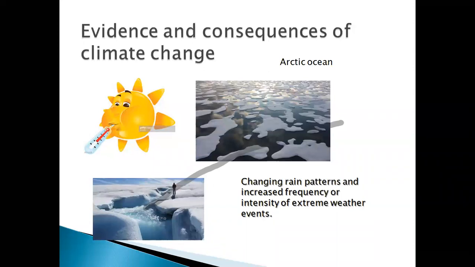It could be more intense or it could be less intense. So in both cases are going to be extreme change, like from no rain to a lot of rain, from a lot of rain to no rain. So both extremes are not good for the environment or for the place that we live in.